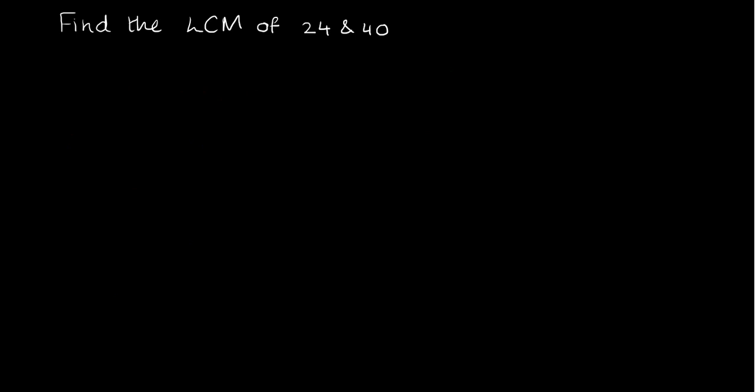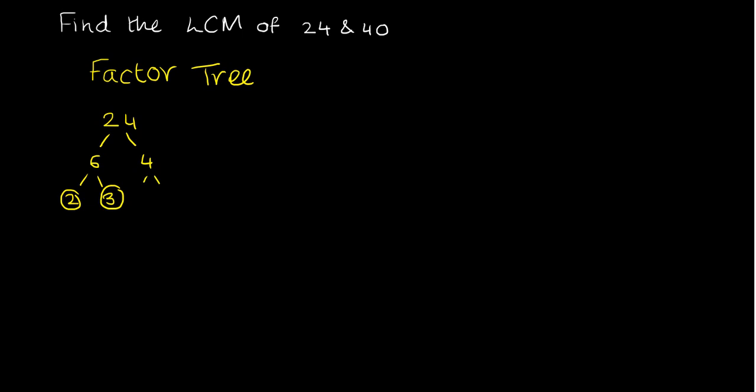Anyway, so let's find the LCM. Yellow for factor tree. And again we'll start off with 24. Wish I could carry on the previous page, but let's go there. 6 times 4, and then 6 is 2 times 3, just like before, and 4 is 2 times 2, and 40 is the same.